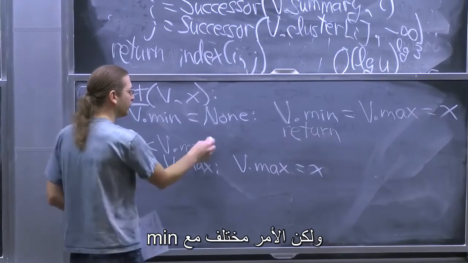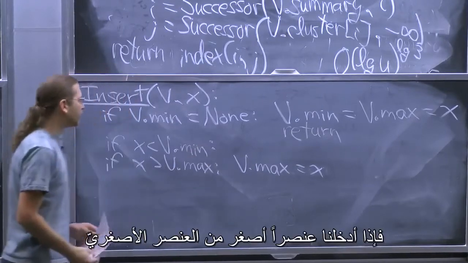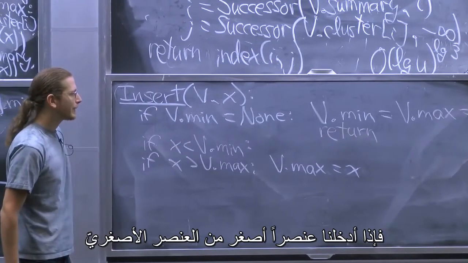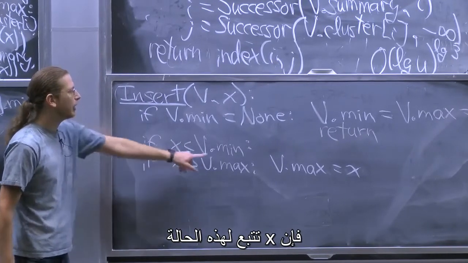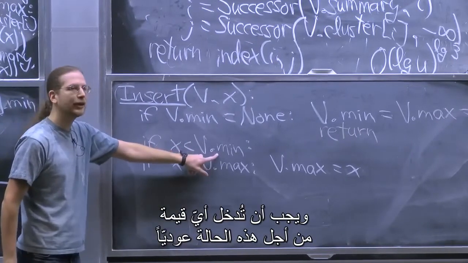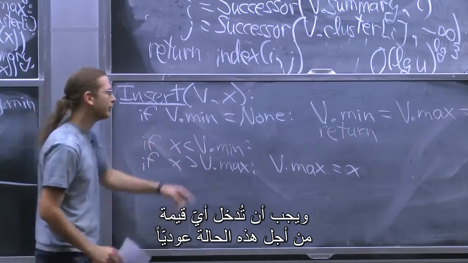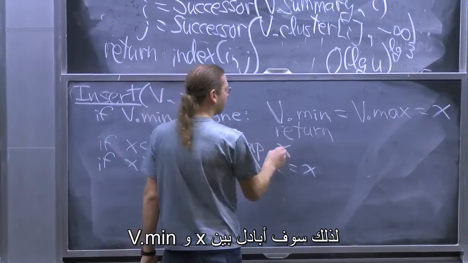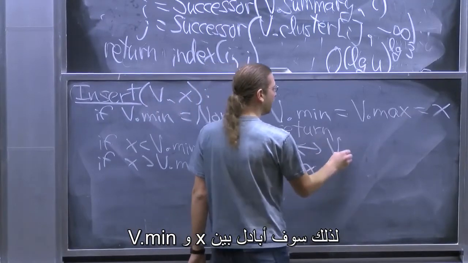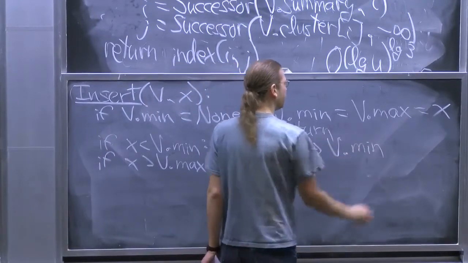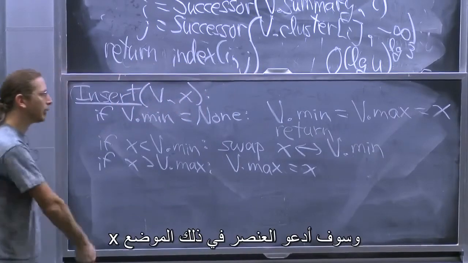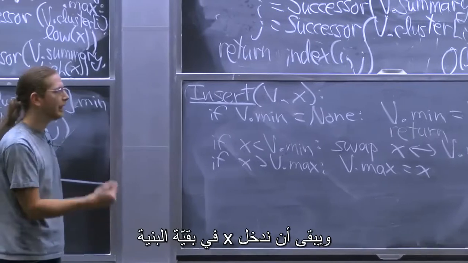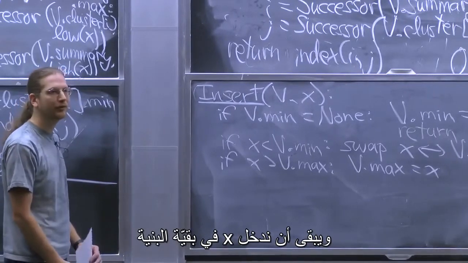Min is a little special because if we're inserting an item smaller than the current minimum, then really x belongs in this slot, and whatever was in here needs to be recursively inserted. So I'm going to say swap x with v.min. I'm going to put x into the v.min slot, and pull out whatever item was in there and call it x now. And now my remaining goal is to insert x into the rest of the structure.